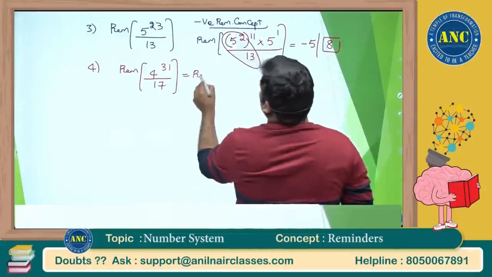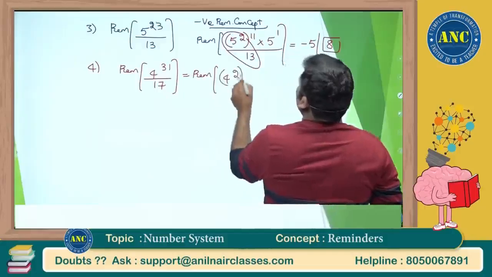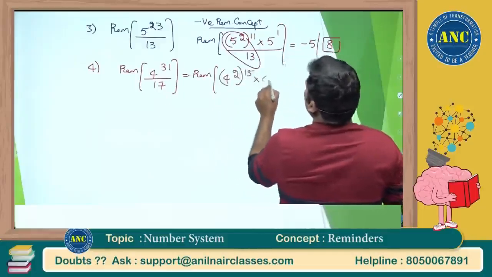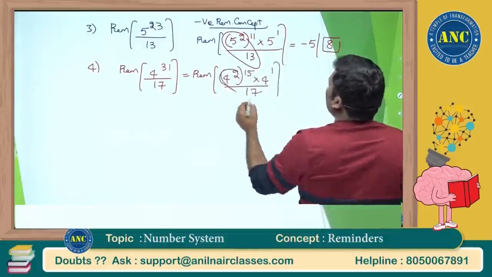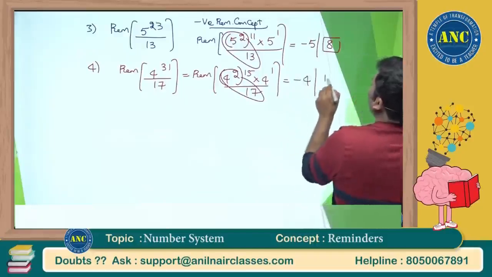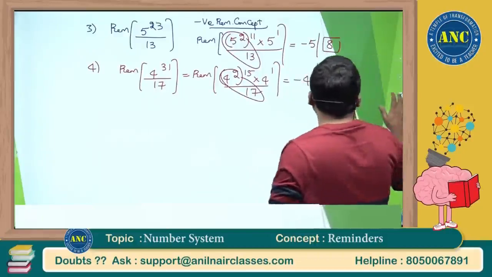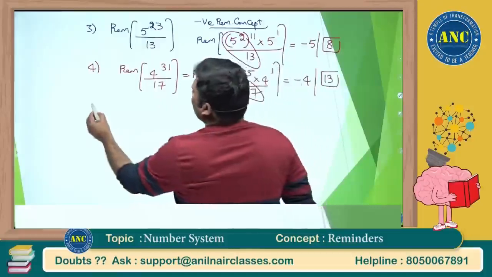Here you directly get it. So this is 4 square power 15 into 4 power 1 divided by 17. 16 by 17 is minus 1. Minus 1 into 4 is minus 4. Positive remainder is nothing but 13.